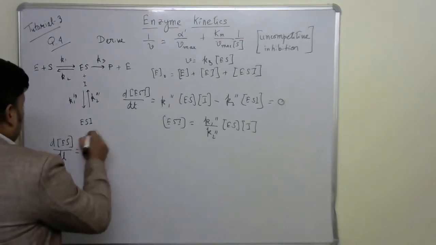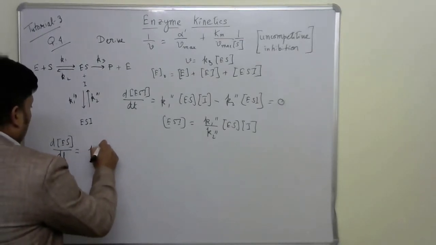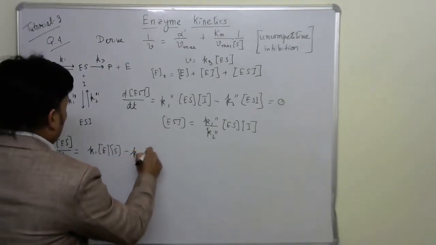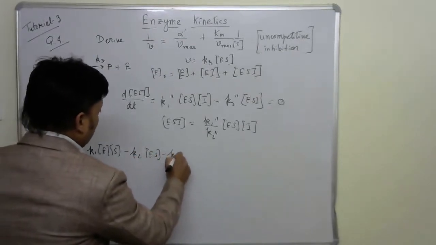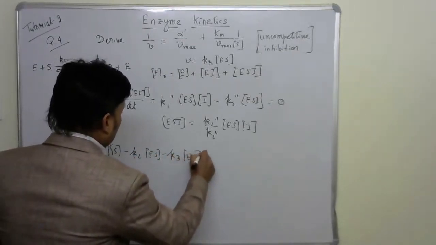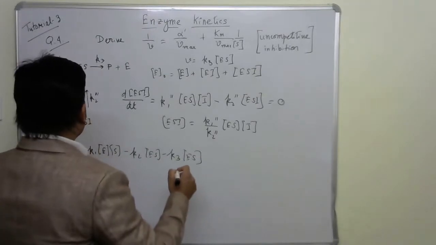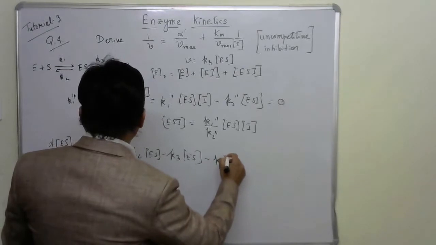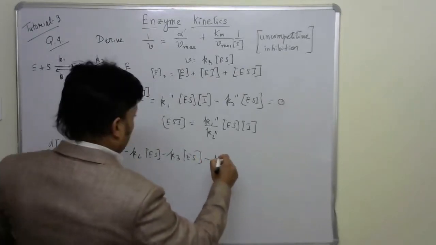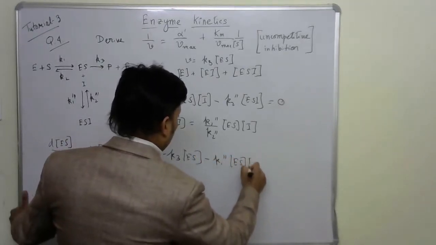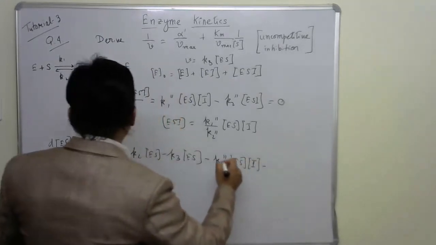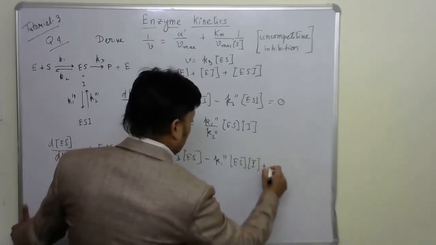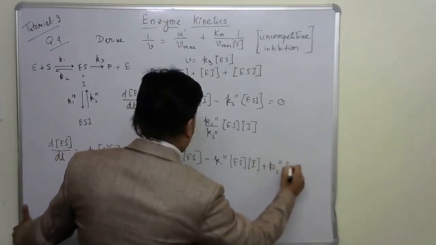So that should be equal to K1 [E][S], minus K2 [ES], minus K3 [ES], and then of course we have minus K1 double prime [ES] multiplied by [I], and plus K2 double prime [ESI], isn't it?